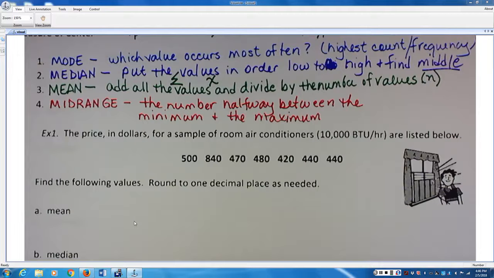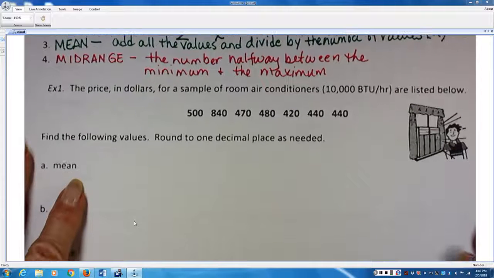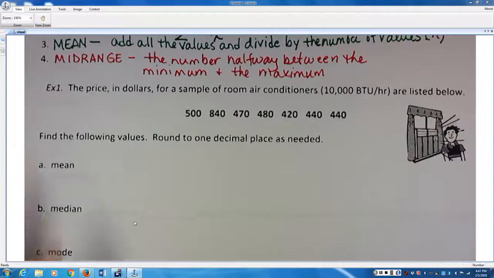And that can be a problem. So what we're going to do is, for the data set we see right here, we're going to calculate all of the measures of center. The first one we're going to calculate is going to be the mean.